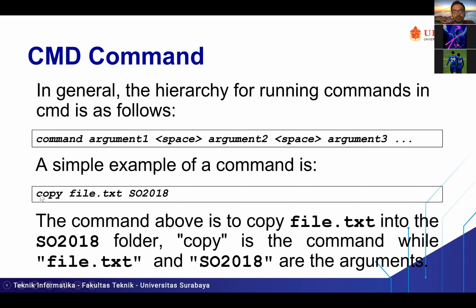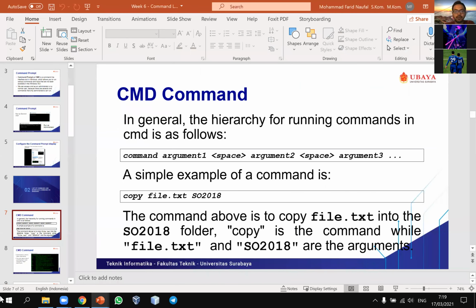The first word is a command, and the second word is argument 1, the file that I want to copy to this folder. And this is argument 2, OS 2018. So it means I want to copy file.txt to the OS 2018 folder. Okay, we can just try in our command prompt.